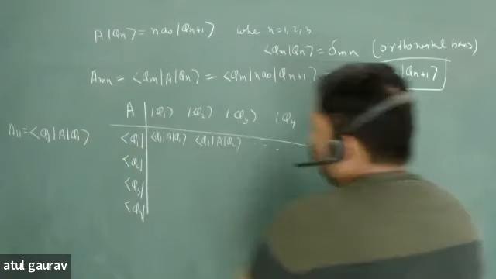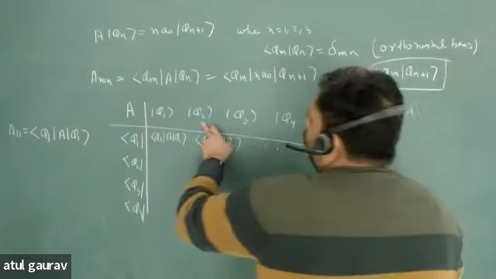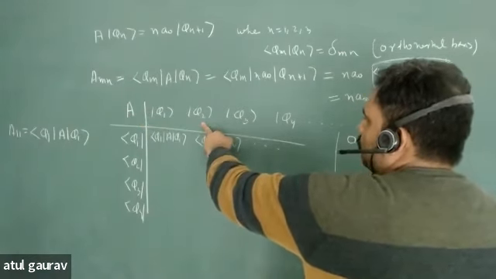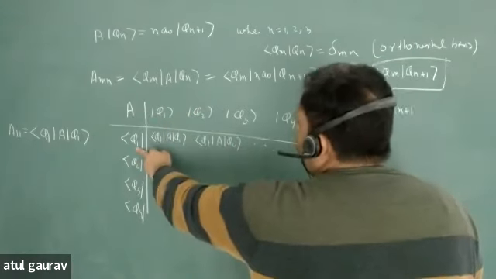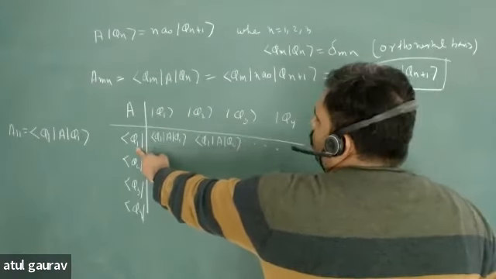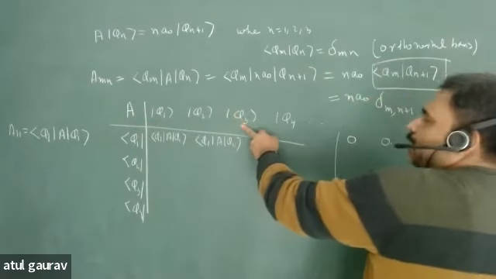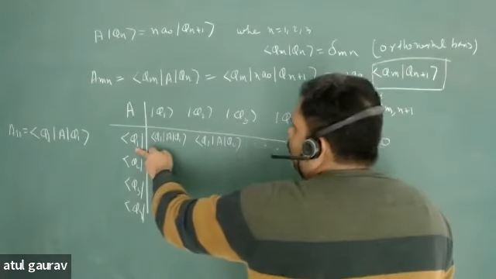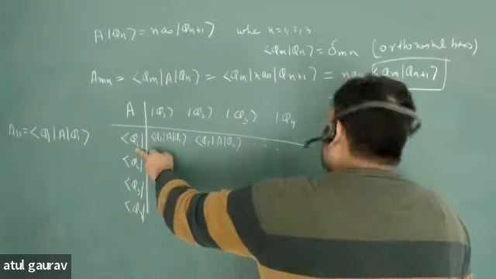0. Okay. A will operate on phi 2. What you will get? Phi 3. And phi 3 and phi 1 is orthogonal. So this term is also 0. A will operate on phi 3. What you will get? Phi 4. Phi 4 and phi 1 is orthogonal.